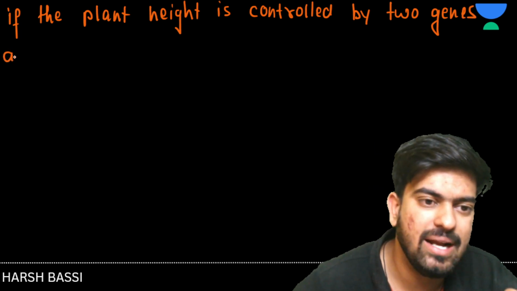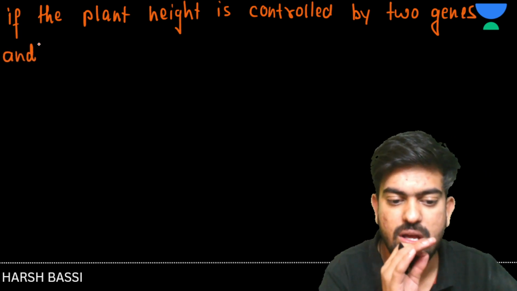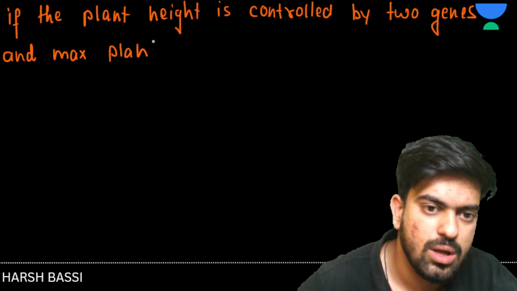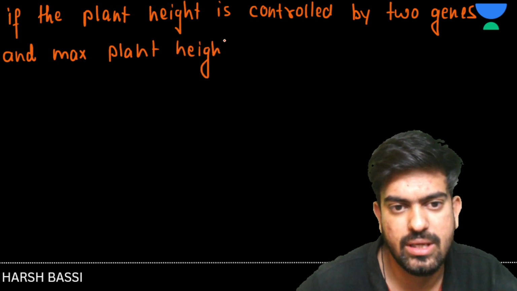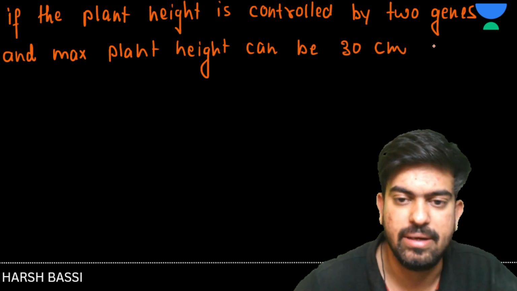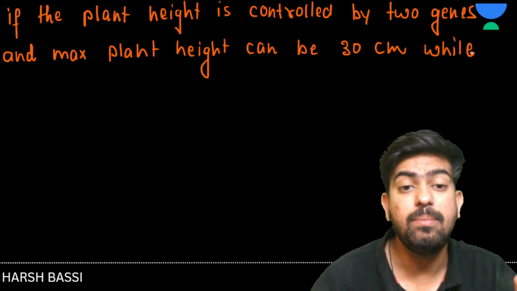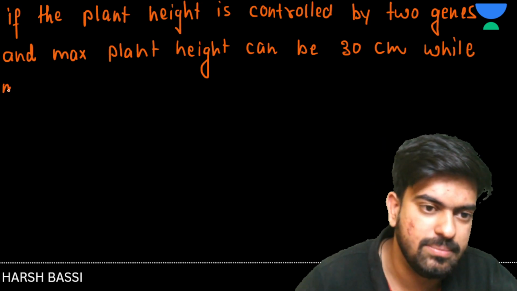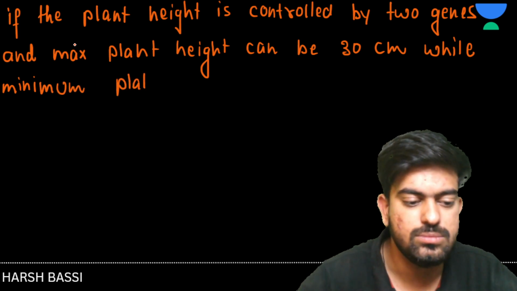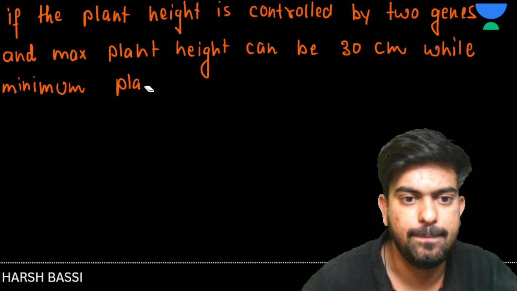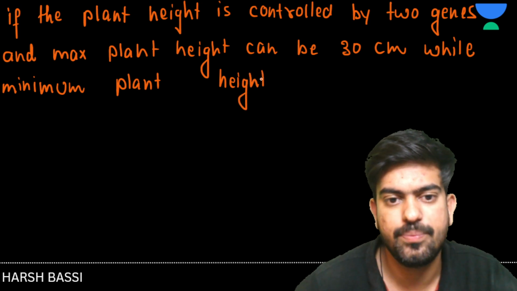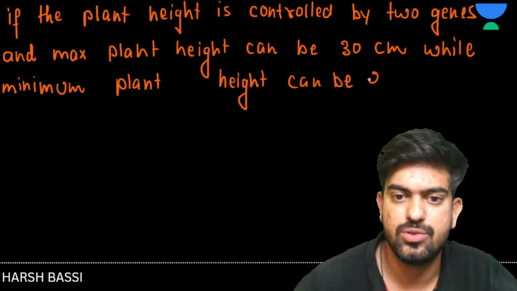And the maximum plant height which the plant can have is, let's suppose, 30 centimeter, while the minimum plant height can be 20 centimeter.